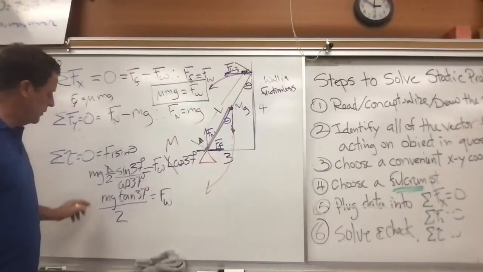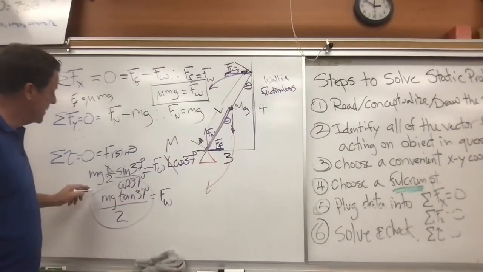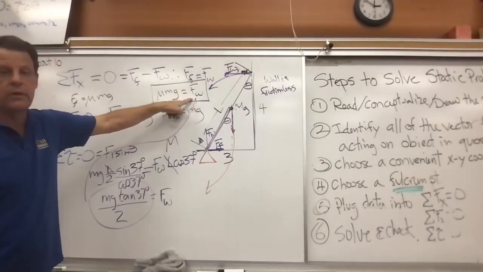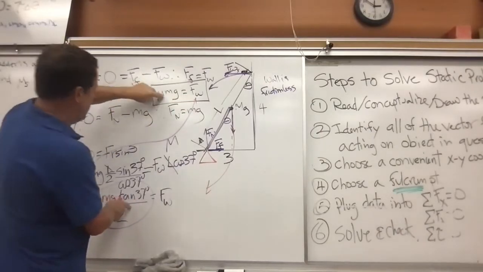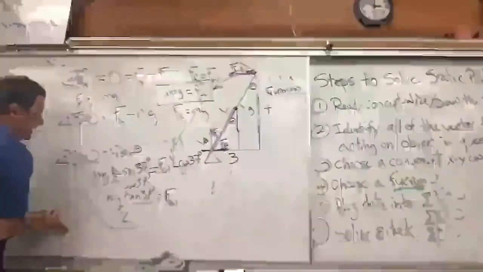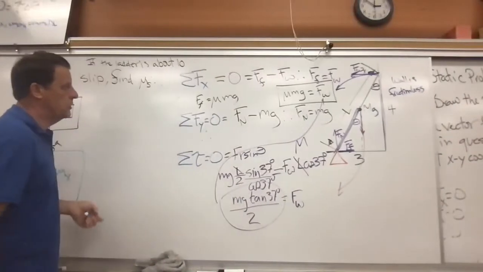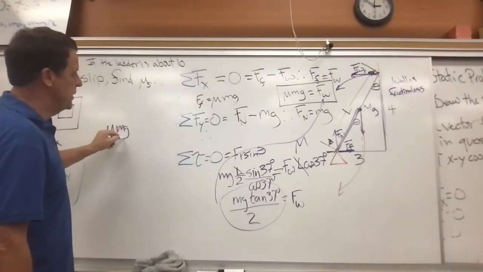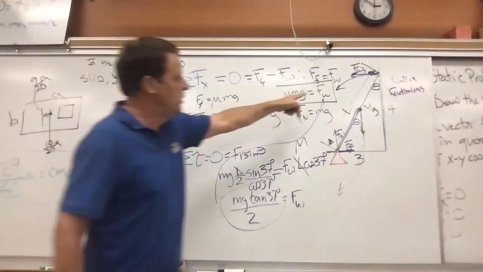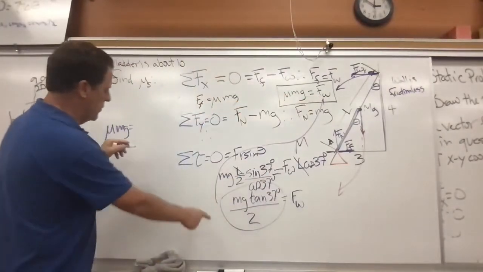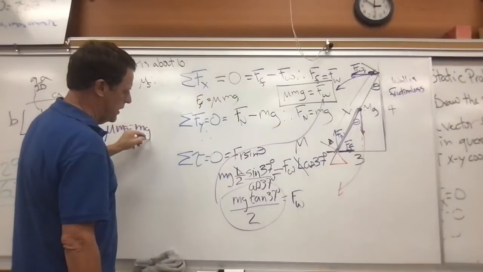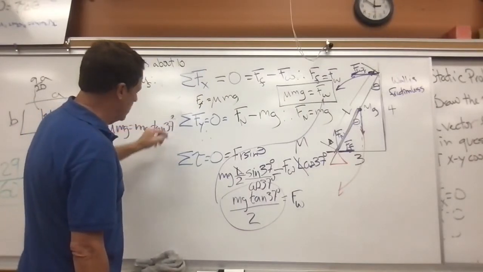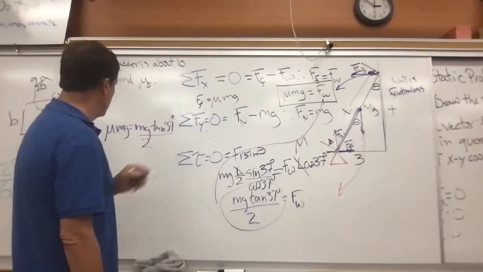Okay, now that's exactly what we needed in order to come up here and substitute it in right there. So I'm going to take these two and set them equal to each other. So we have mu mg is equal to the force of the wall, and we know the force of the wall is mg tangent 37 degrees divided by 2.